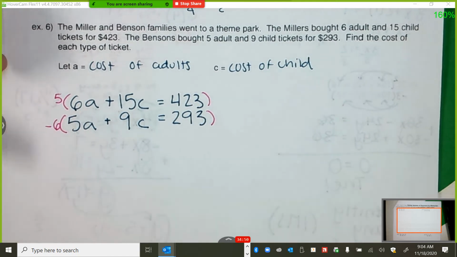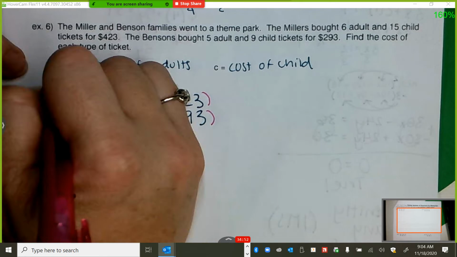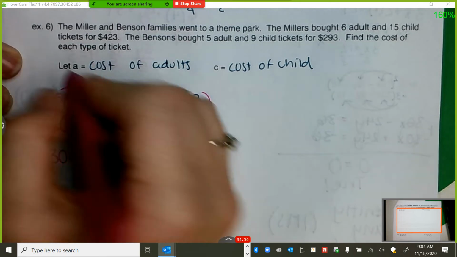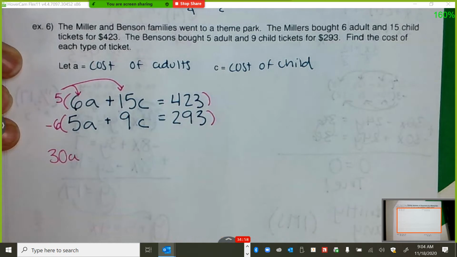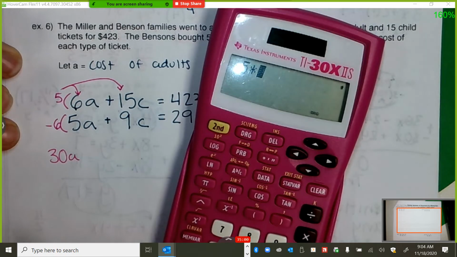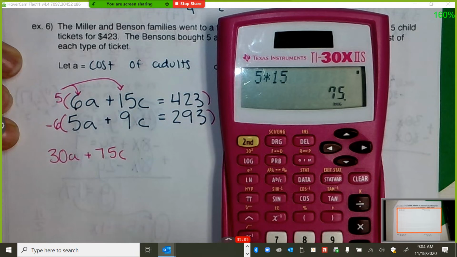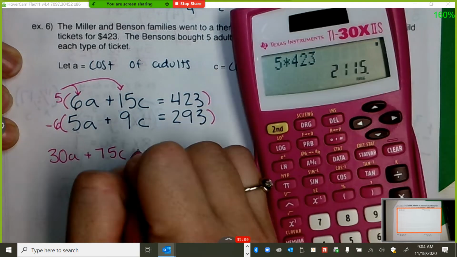So 5 times 6A is 30A. 5 times 15C is 75C. 5 times 423 is 2115.